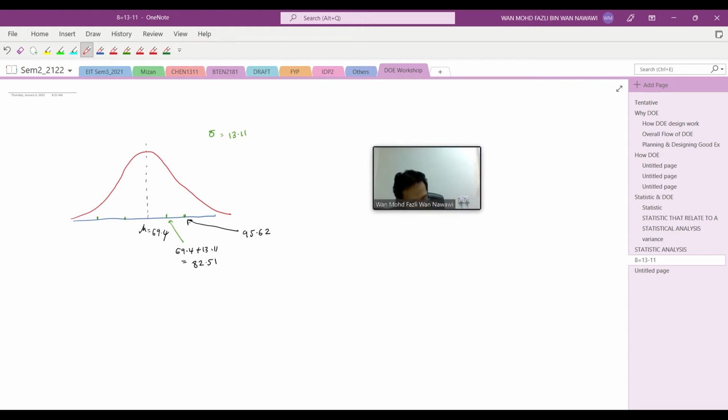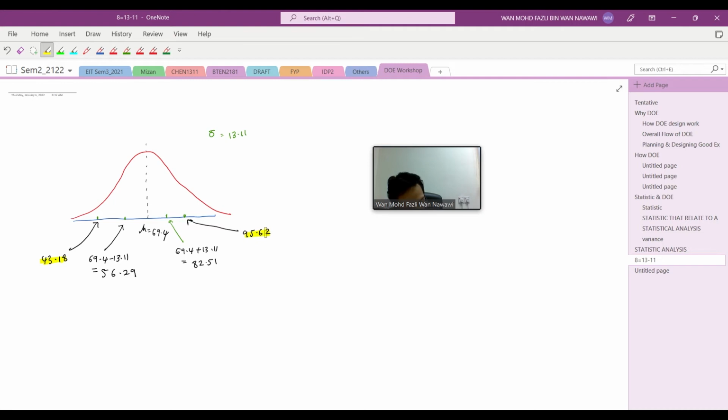On the other side you just subtract: 99.4 minus 13.11 gives 56.29. Then 56.29 minus 13.11 gives 43.18. So you have all these values.